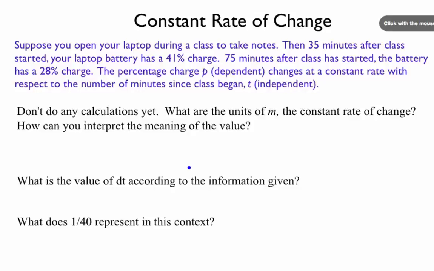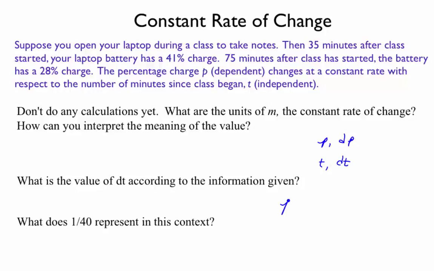If p was dependent, then what's a change in p? How do we represent a change in p? dp, right? So we have p, and if time is our independent variable, then we represent a change in time as dt.